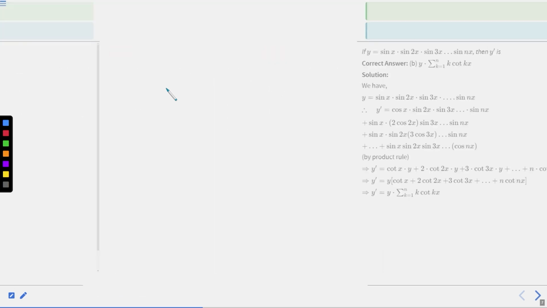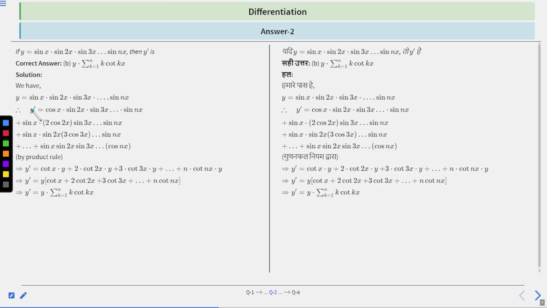Okay, let's move to the solution part. As y is equal to sin x into sin 2x into sin 3x till sin nx, while finding y dash, we can apply the product rule. So y dash will be differentiation of sin x into the other terms, plus differentiation of sin 2x into the product of sin x, sin 3x till sin nx, plus differentiation of sin 3x into sin x into sin 2x till sin nx.